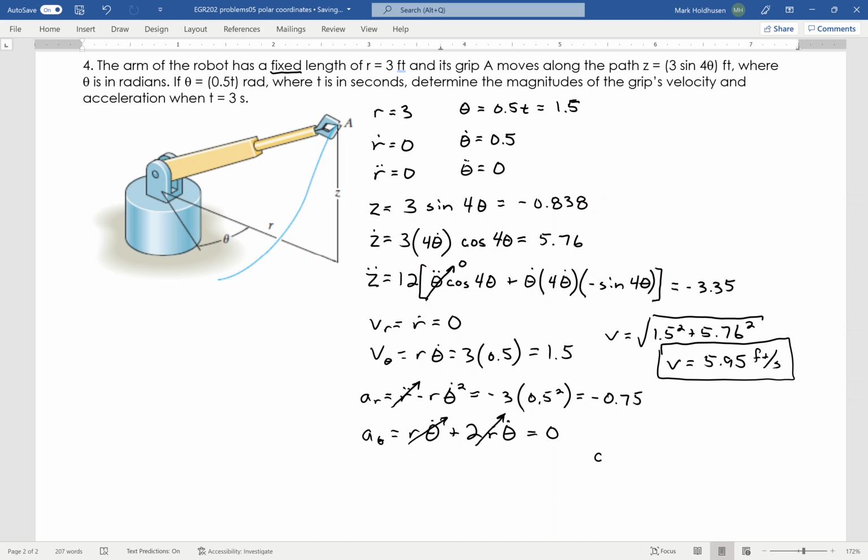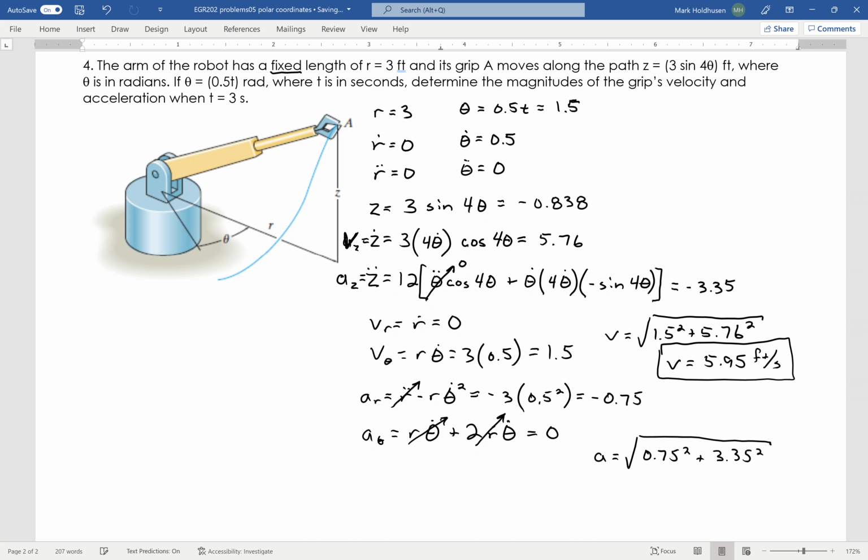So my total acceleration is just going to be the square root of 0.75 squared plus 3.35 squared. That's my z direction, okay? Because this is really just az. That's vz, excuse me. This is az, okay?